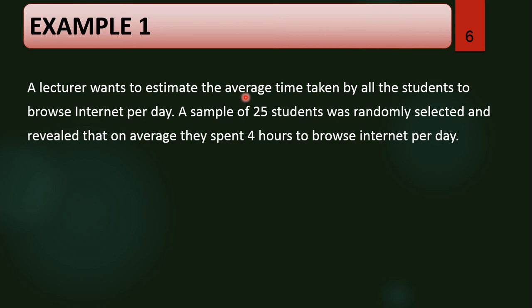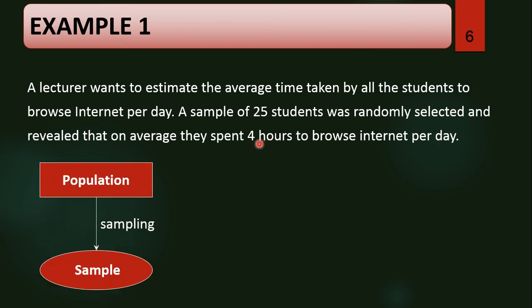Mu represents the average time taken by all students browsing the internet. So a sample of 25 students was randomly selected, and from these 25 data, we see that the average time spent is 4 hours to browse the internet. Now we want to estimate the population mean, mu.